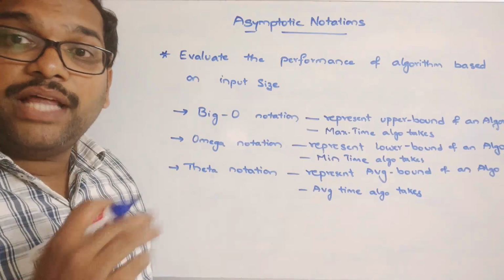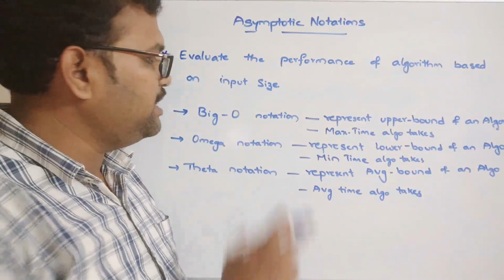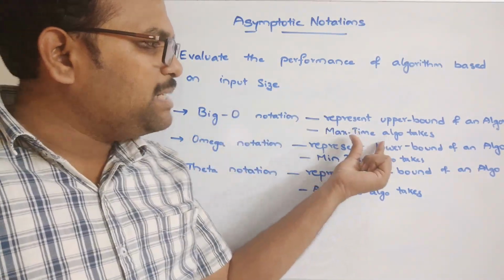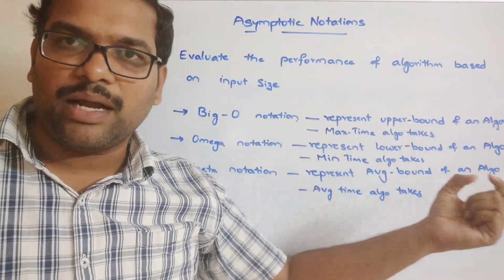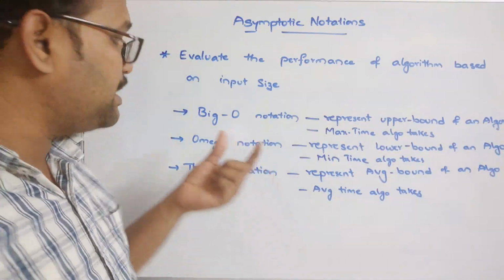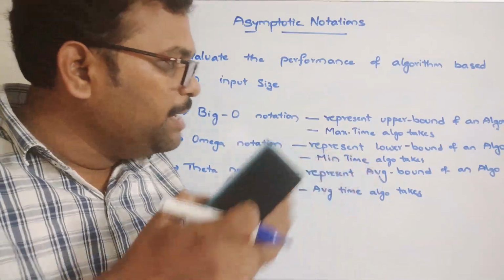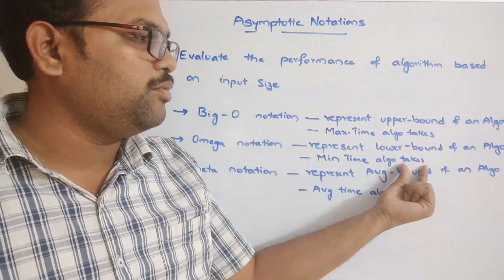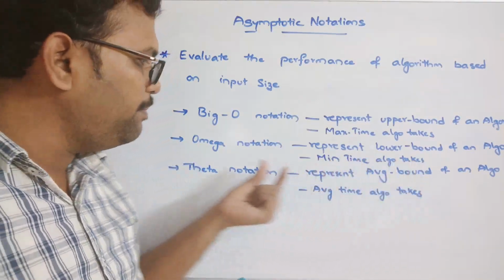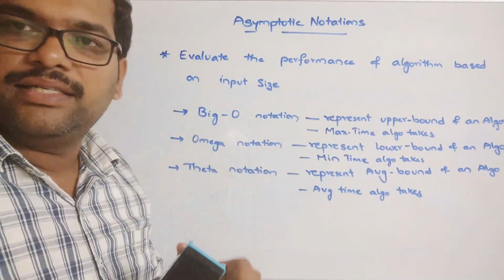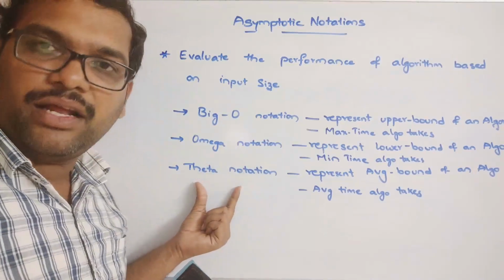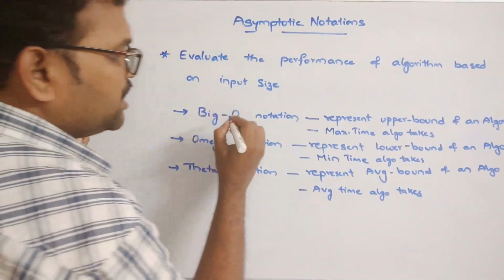So we have to represent that using big O. The maximum time the algorithm takes to complete its execution is represented as big O. Similarly, the minimum time is represented with omega, and similarly the theta notation.